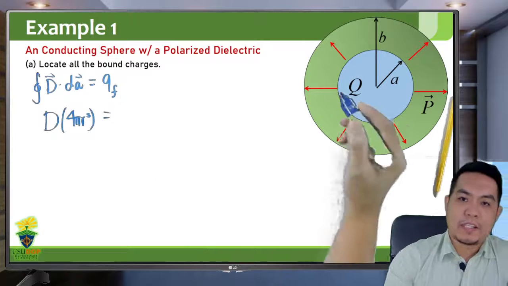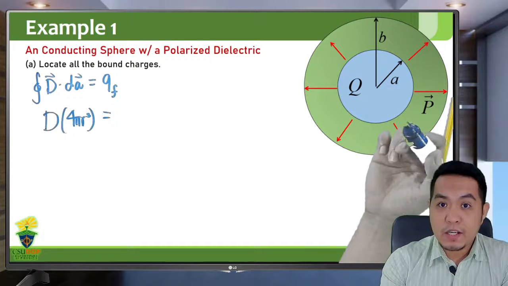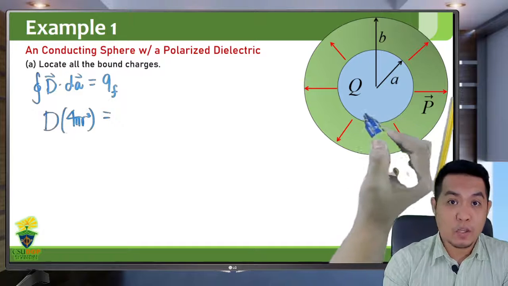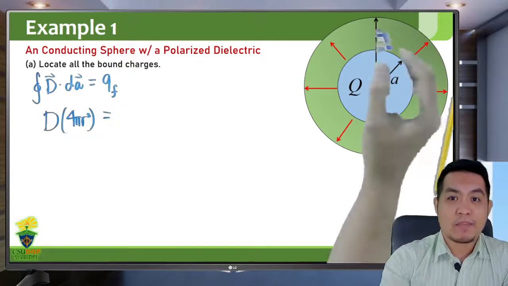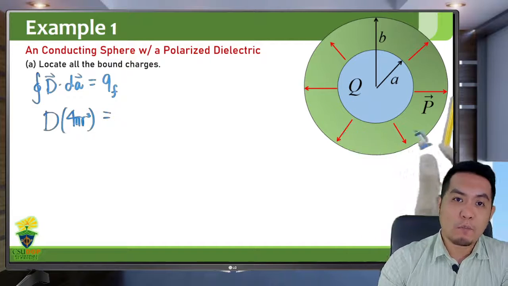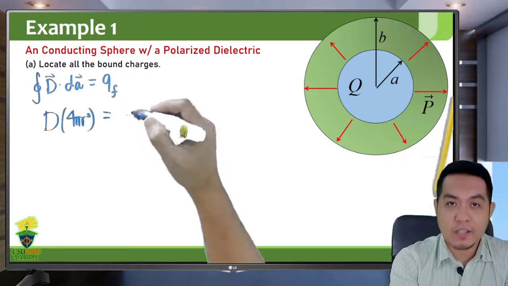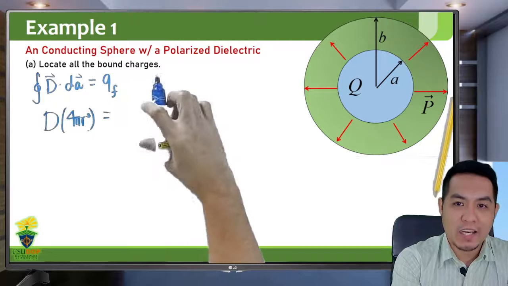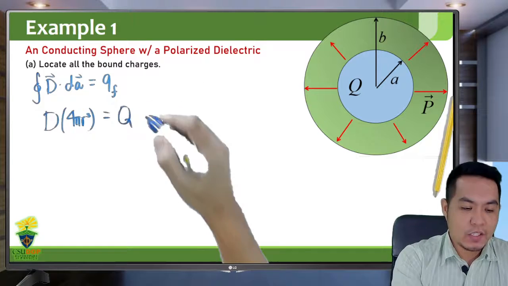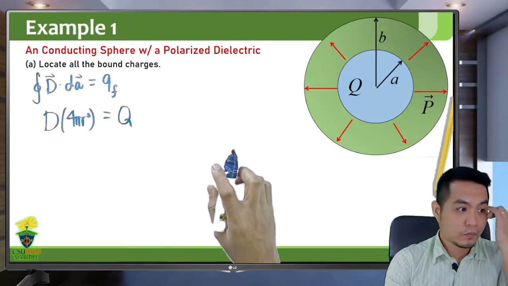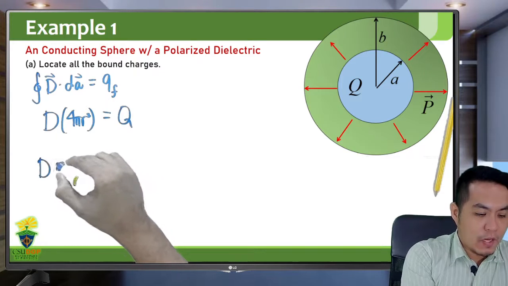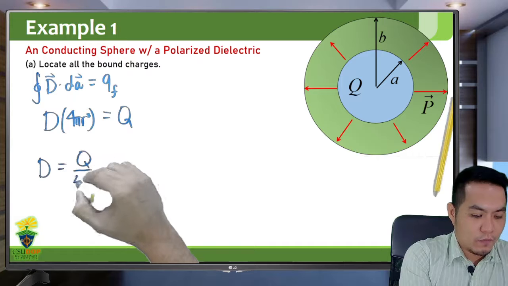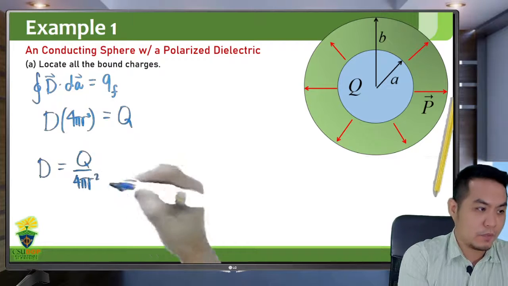In this case, the free charges are only from the conductor. Take note, there are no free charges within the dielectric. It's all bound charges. Charges are not free to move within a dielectric. The free charge is only Q. So from here, we see that the displacement is just Q over 4 pi r squared.